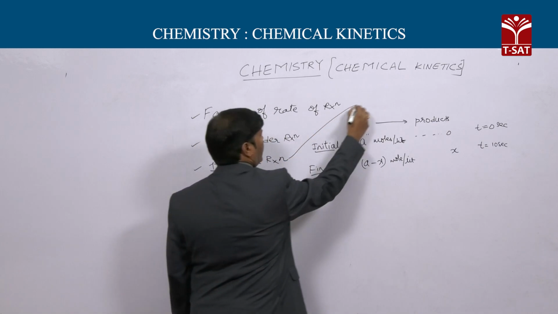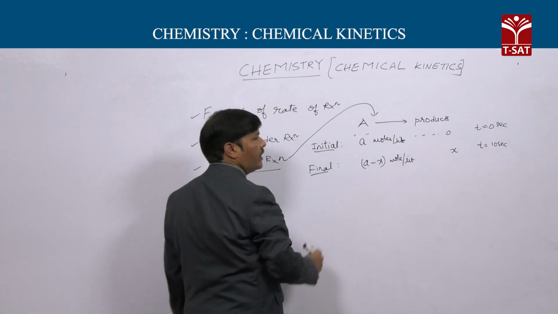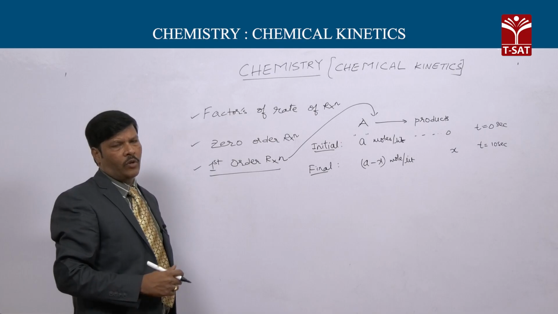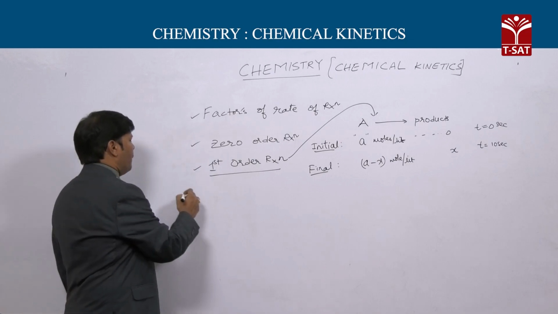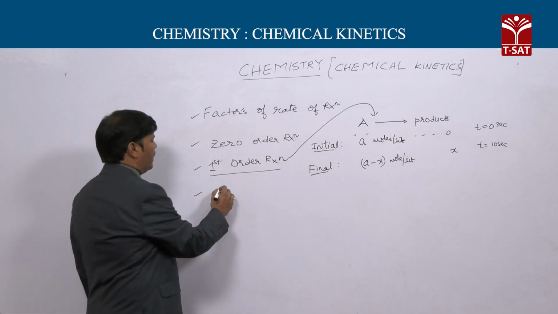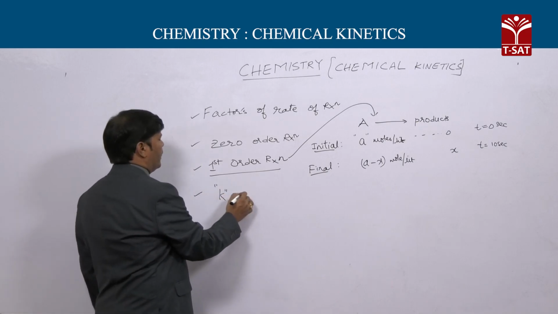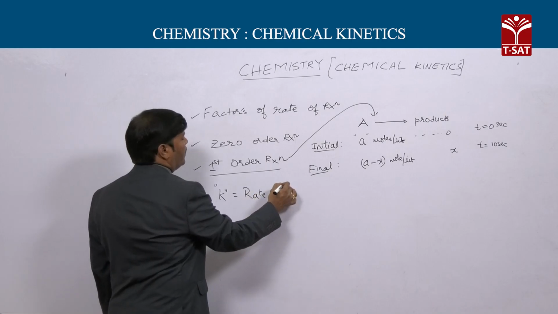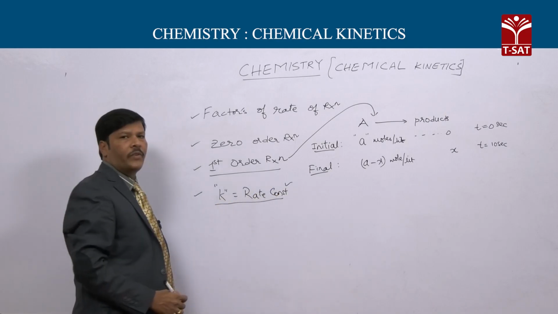For the first order reaction, what mathematical expression can we use for calculating it? You know pretty well that whenever we speak about the order of reaction, it is actually a constant called K, the rate constant, which determines the order of reaction.